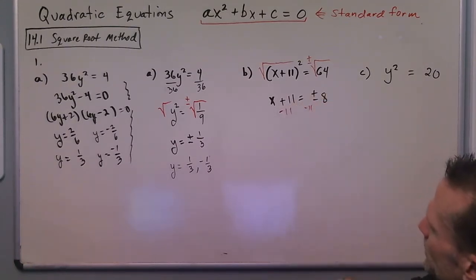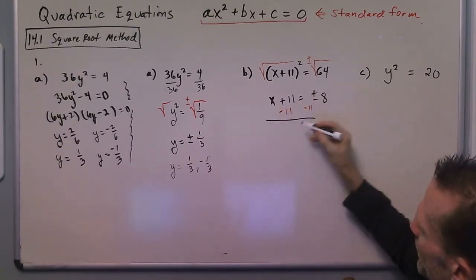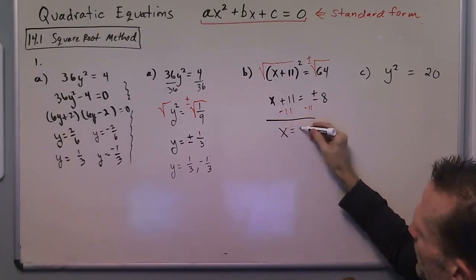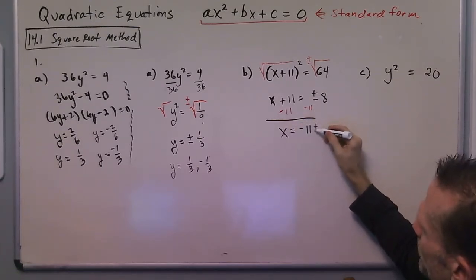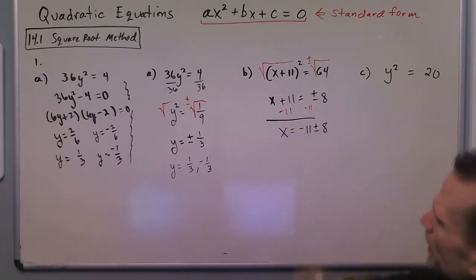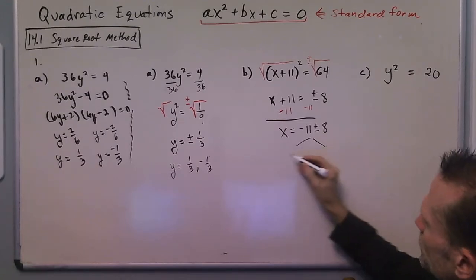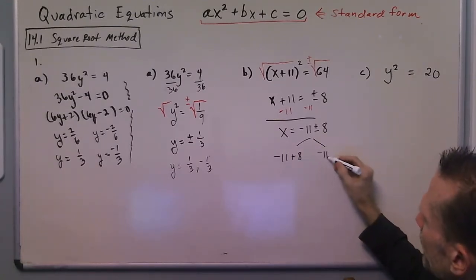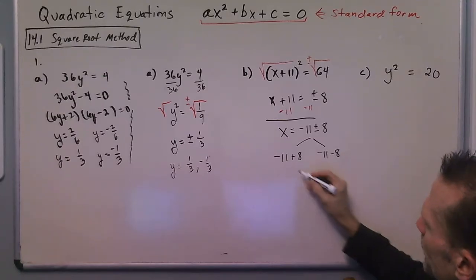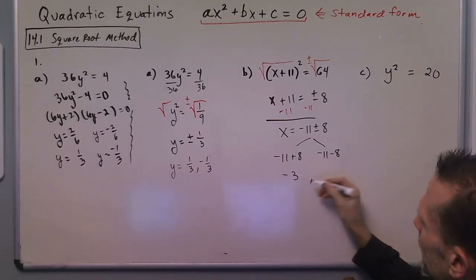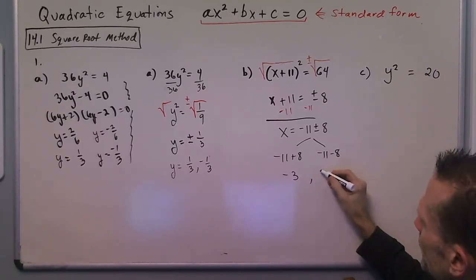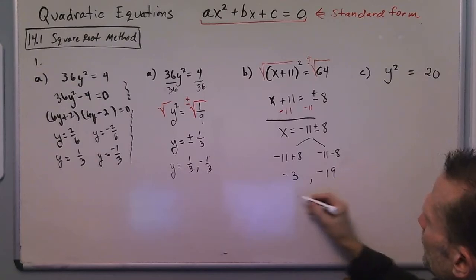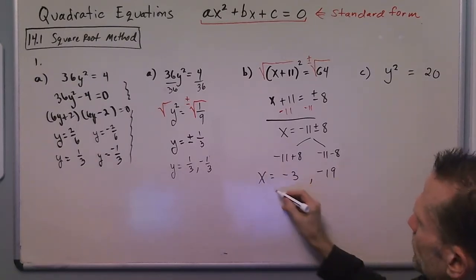I like to put this negative 11 up front here, and what it'll look like then is negative 11 plus or minus 8. And then a nice way to do this is maybe write out both of these problems that you have to work here, and we get x equals negative 3, comma, negative 19.